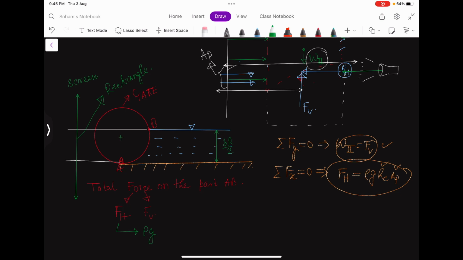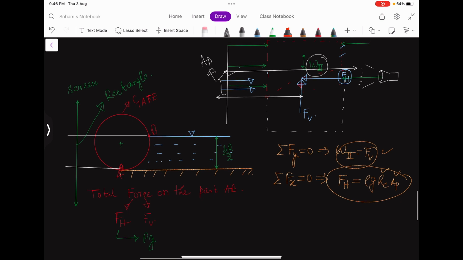Then the centroid of the rectangle will be the midpoint of this line. This distance is r by 2, and this distance is 3r by 2 minus r by 2, and that is r, right?